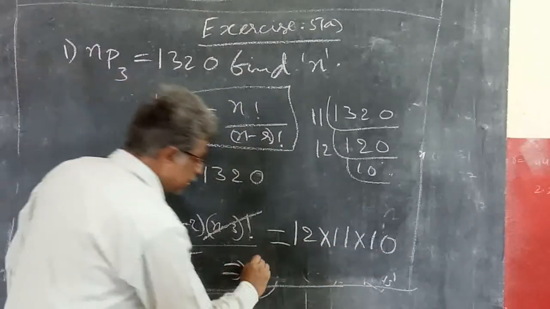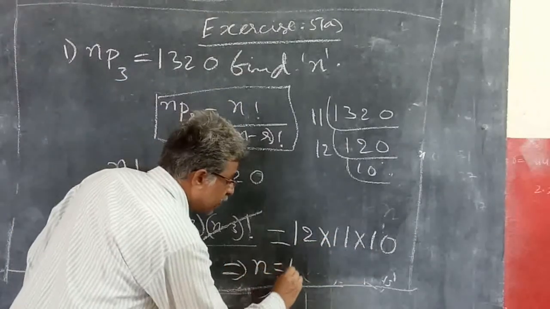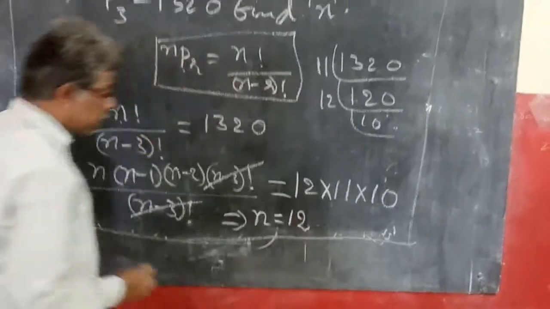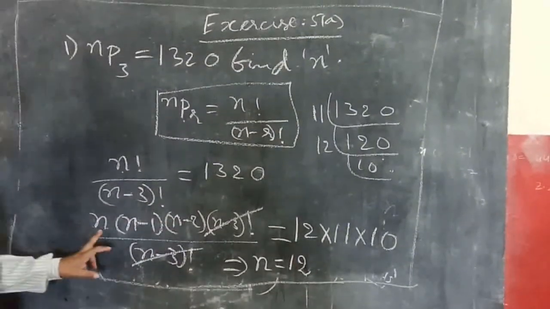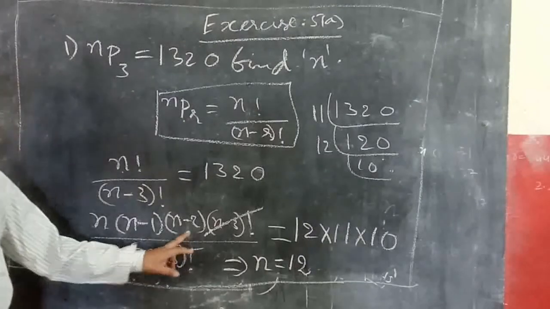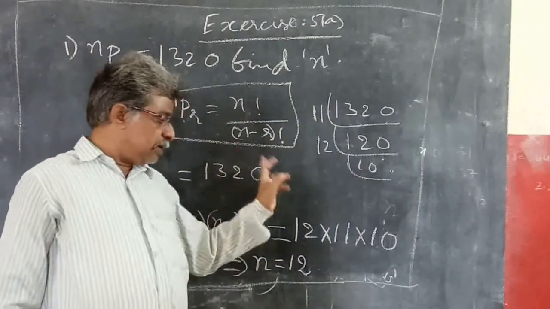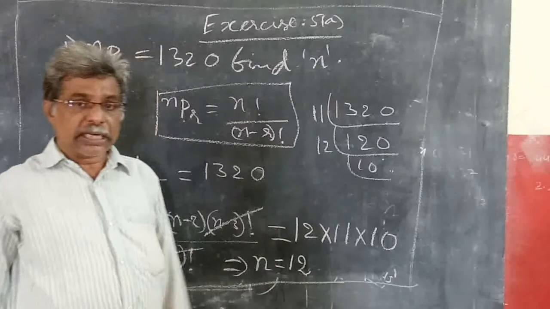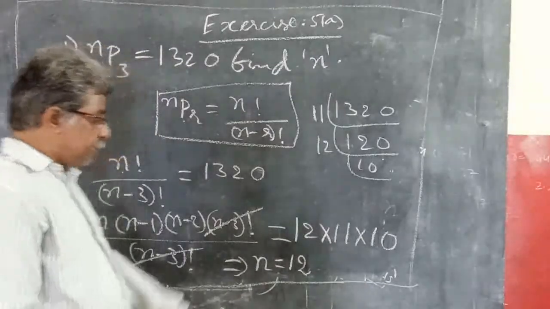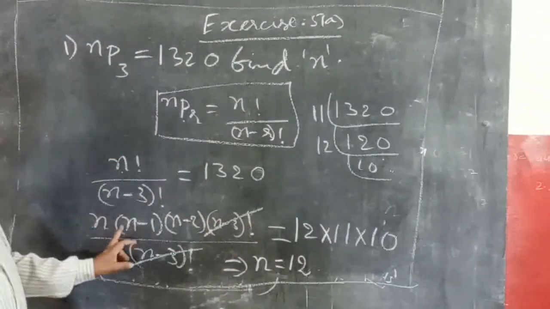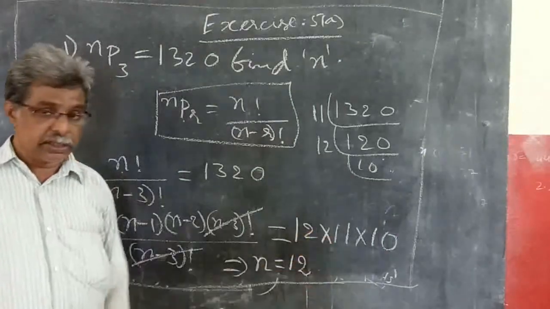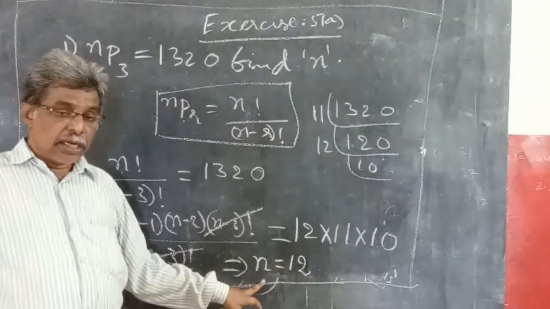Whatever value you are taking, the N value is 12. This is without solving a cubic equation. Because these are 3 consecutive numbers, I write the given value as a product of 3 consecutive numbers. I take the bigger one as N, the next one N minus 1, the next one N minus 2. Obviously, the N value is 12.